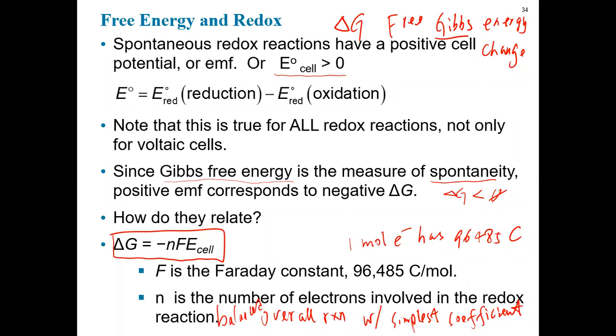Once you have the overall equation balanced, you should have the simplest coefficients. You don't have, like, everyone has 2, 2, 2. Then you can examine that equation to see how many electrons are transferred between the reduction reaction and the oxidation reaction.